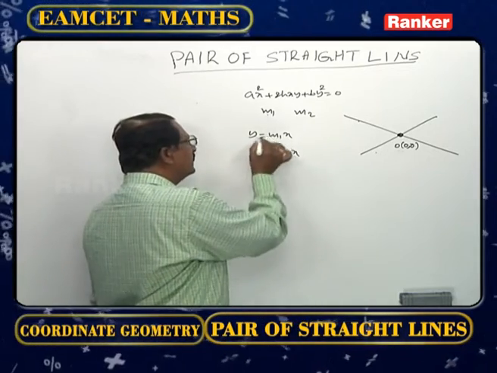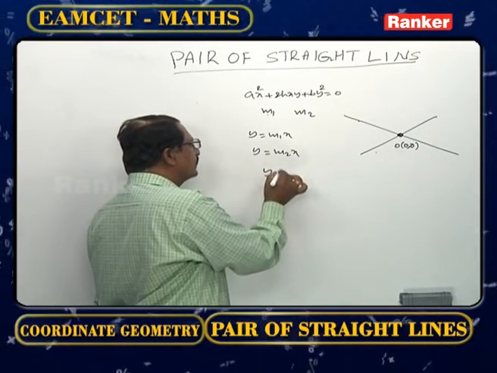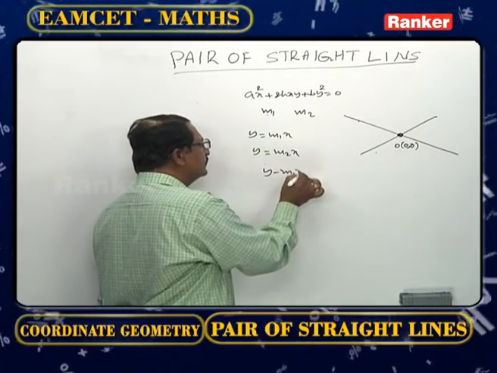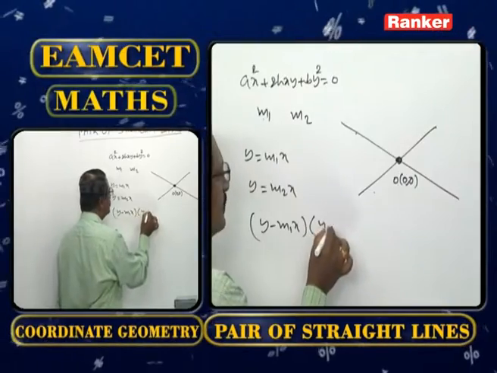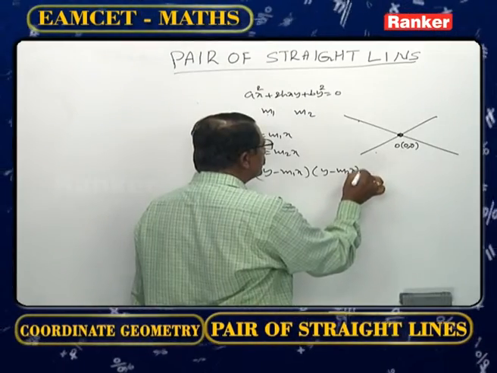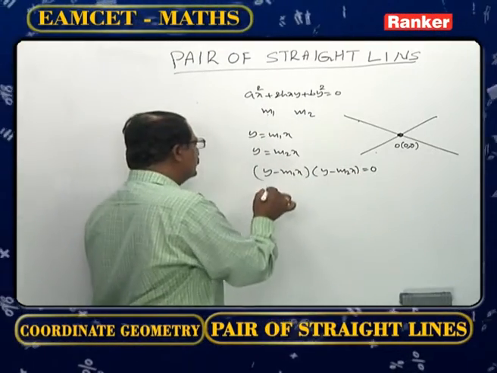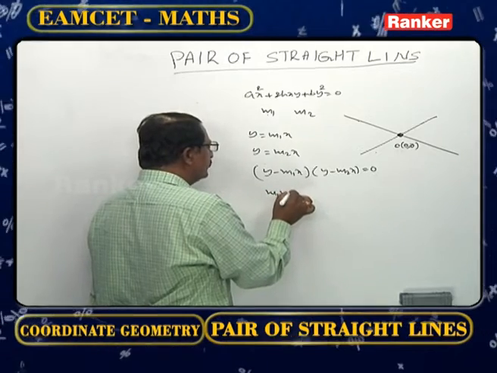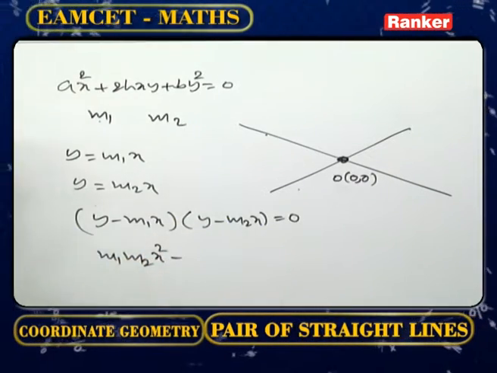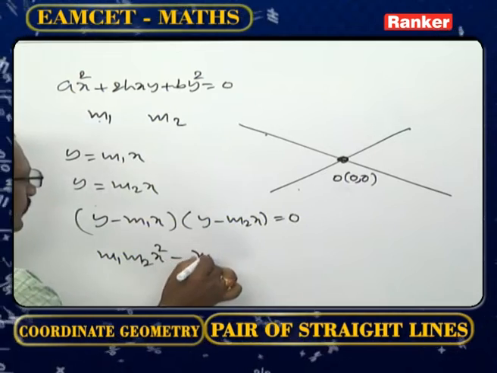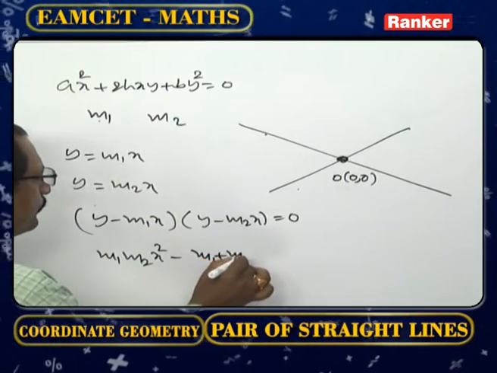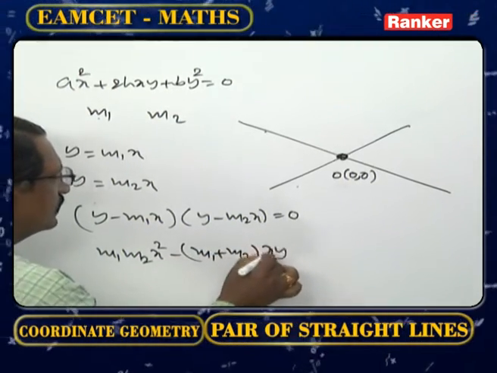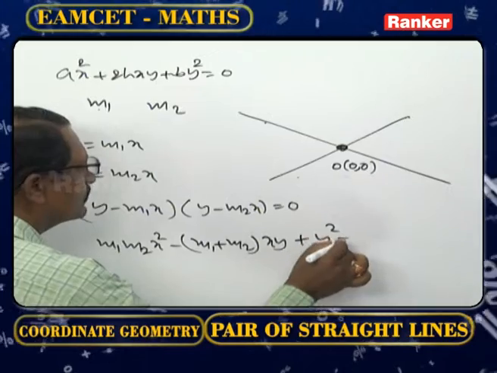Now the combined equation of these two lines is y minus m1x into y minus m2x equals 0. Further simplifying, we get m1 m2 x square minus m1 plus m2 into xy plus y square equals 0.